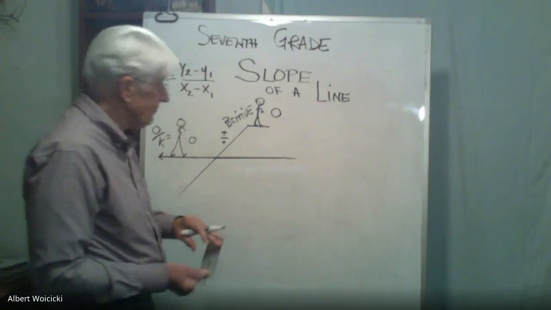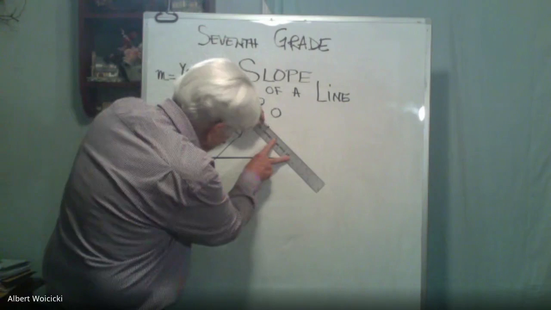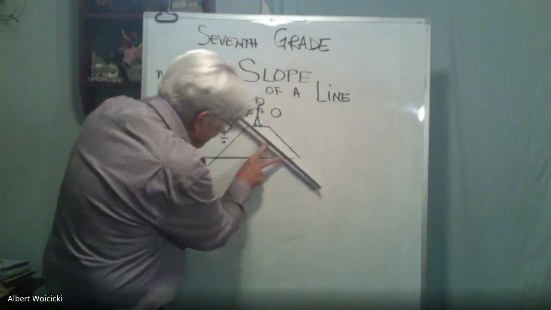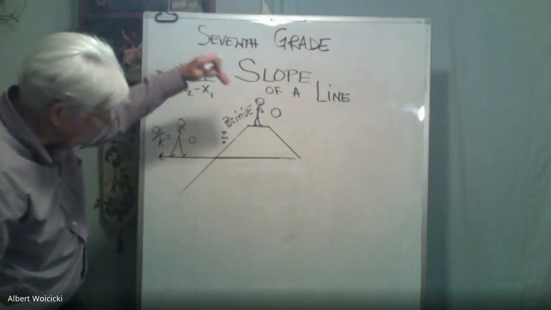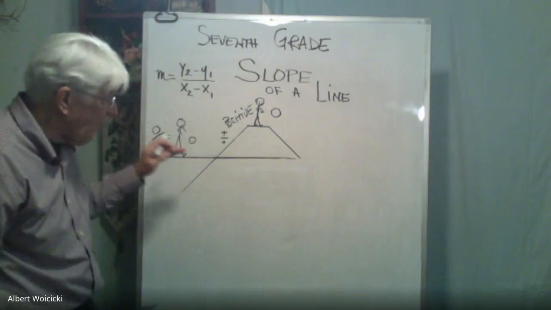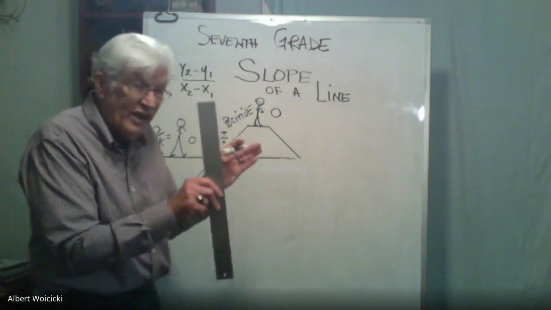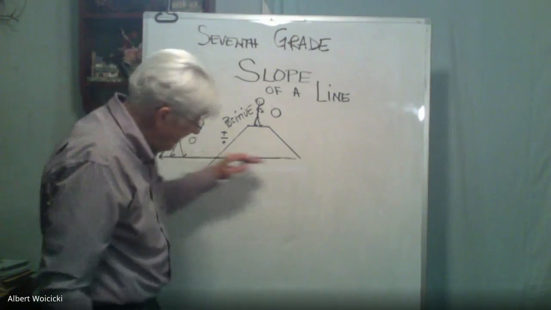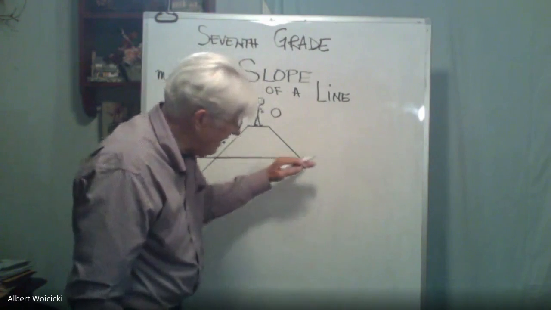Okay? But now, what happens when he gets to here and things start moving down? Of course, he's still going in the same direction. So the x movement, the x direction this way, is still getting positive. It's getting larger in the x direction.